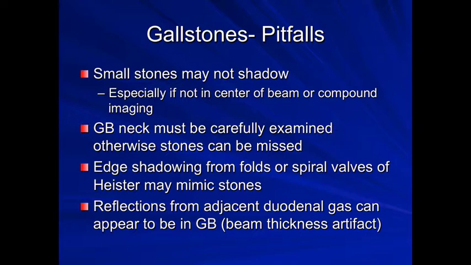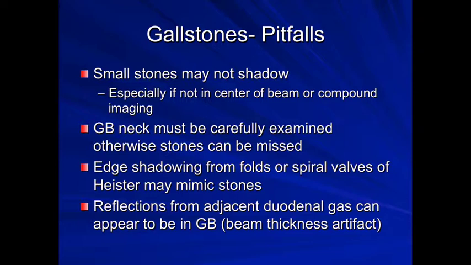Finally, because of beam thickness and beam width artifact, reflections from duodenal gas, which often sits right next to the gallbladder, can appear to arise from actually inside the gallbladder.